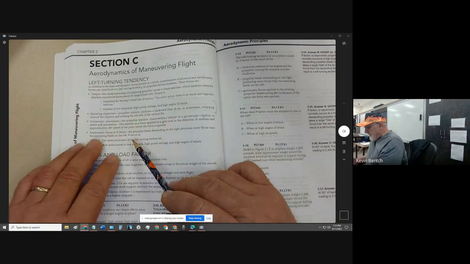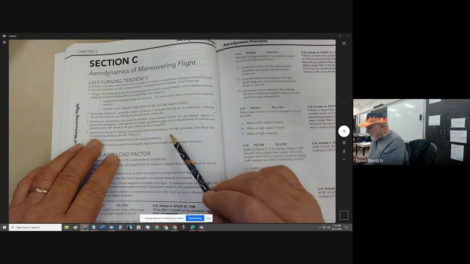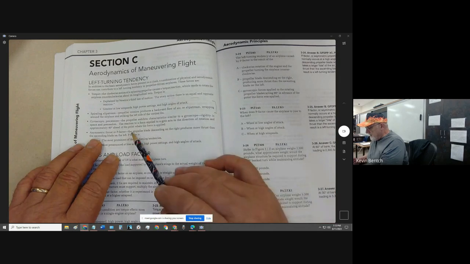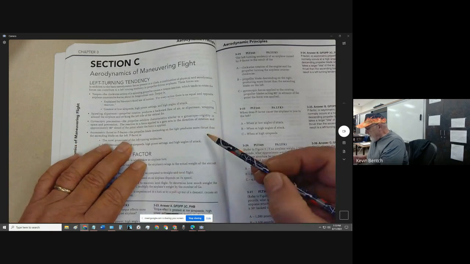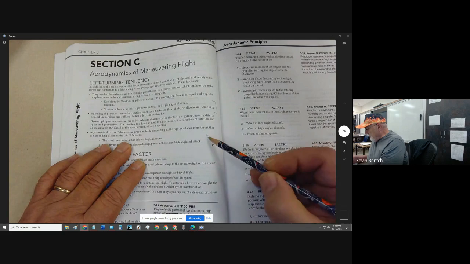The next item, asymmetric thrust, or P factor. This is a very powerful aspect of the left turning tendency of the airplane. The propeller blade descending on the right produces more thrust than the ascending blade on the left. So you have your airplane right here. Here's your tail and rudder, and here's your wings, and then your prop.